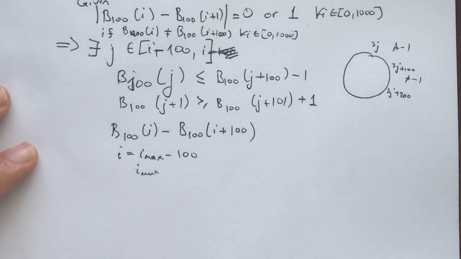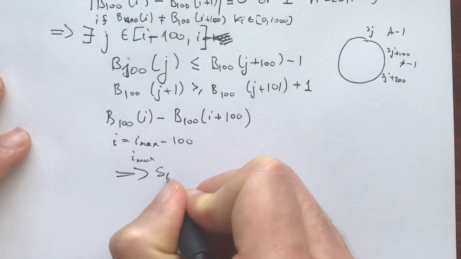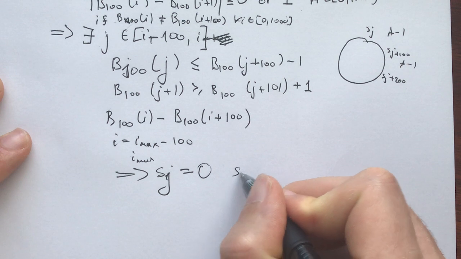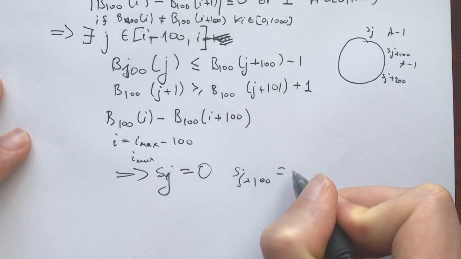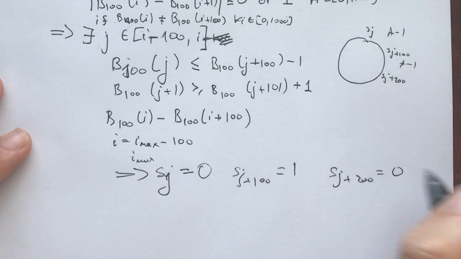From here, we can infer that Sj for this j is equal to 0, Sj plus 100 is equal to 1, and Sj plus 200 is equal to 0.